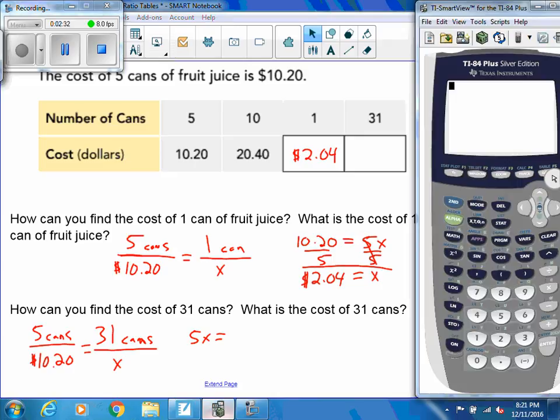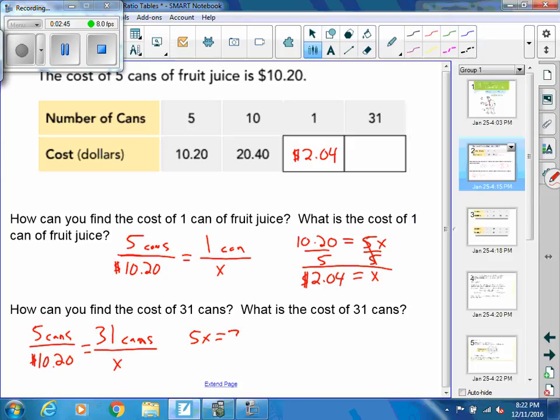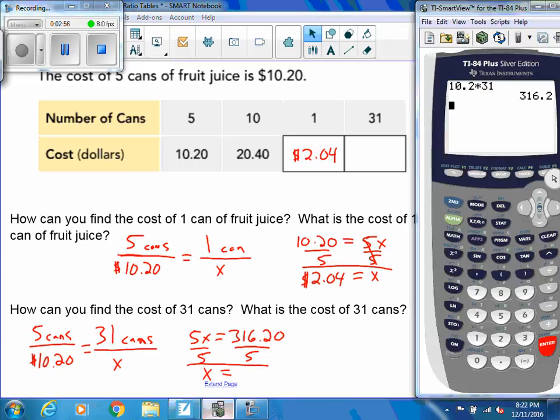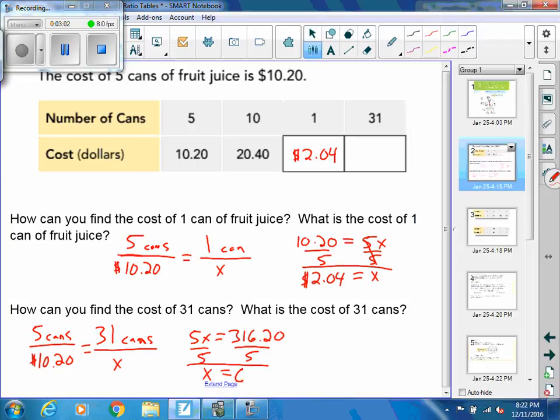$10.20 times 31. I'm just going to go ahead and see what that is. $10.20 times 31 is $316.20. And then I'm going to divide that by 5. On my calculator, I can just do divided by 5, and we get $63.24.